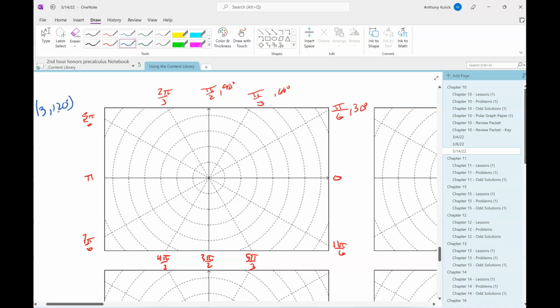So 120 is the same as 2 pi over 3. So I'm going to be on that line somewhere. Everybody agree with that? So 1, 2, 3.